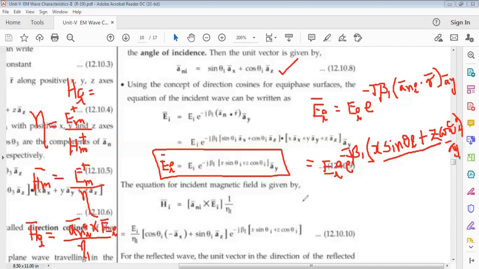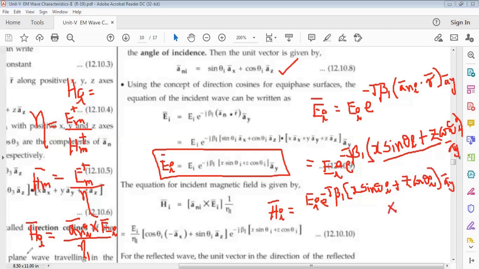So now I can substitute this E_i bar. H_i bar is equal to E_i by eta 1, where E_i is the magnitude, E_i into e power minus j beta 1 into x sine theta i plus z cos theta i, a_y bar, and this is a cross product with a_ni bar.